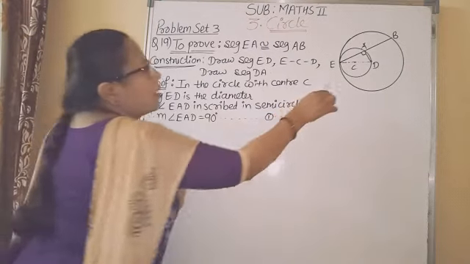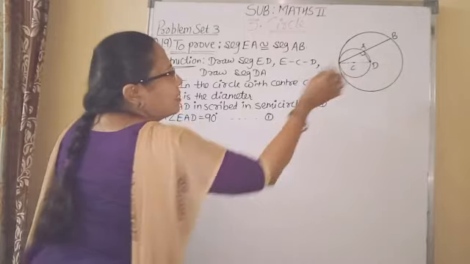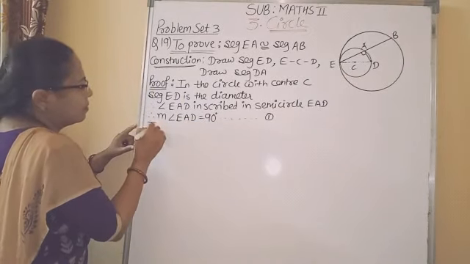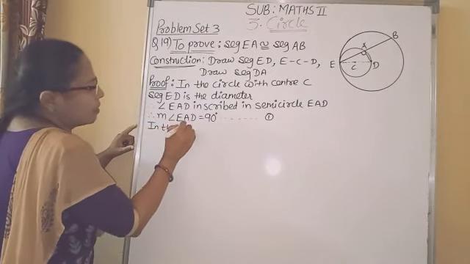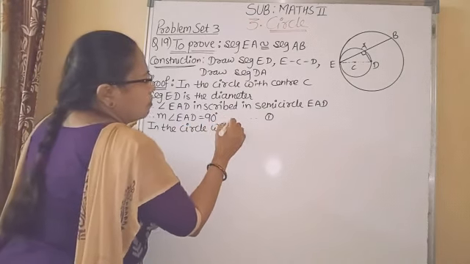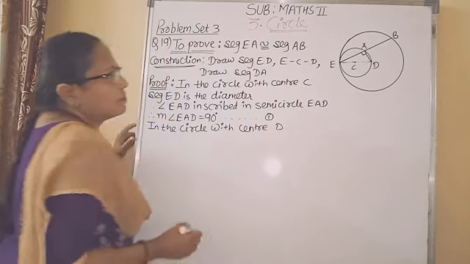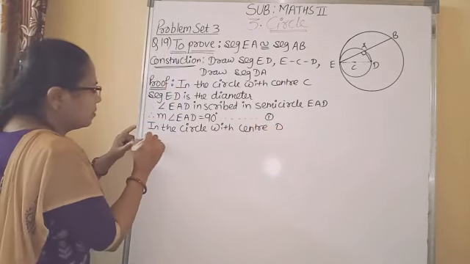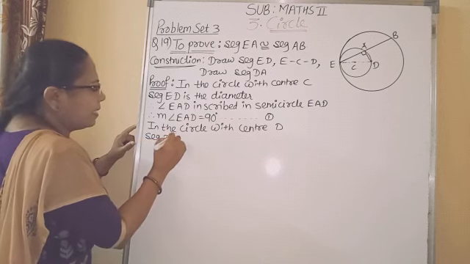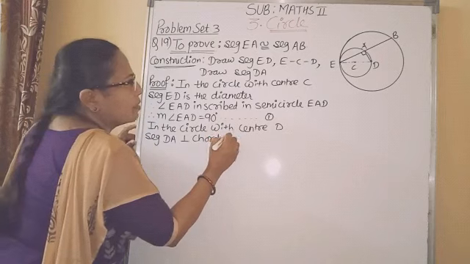Now take this bigger circle having center D. In the circle with center D, segment DA is perpendicular to chord EB.